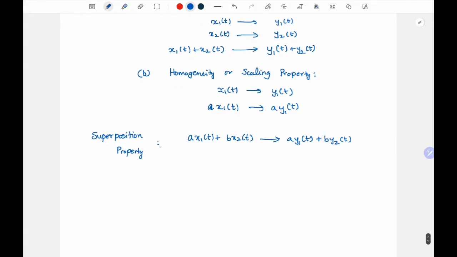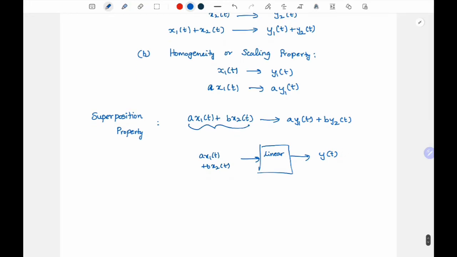And what does superposition mean? If you are giving input a x1 of t plus b x2 of t to a system, and if the system is linear, then to find the output y of t, you can first send in x1 of t, one of the signals, and find y1 of t.